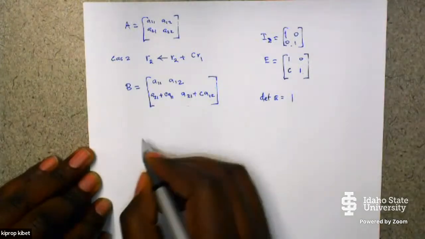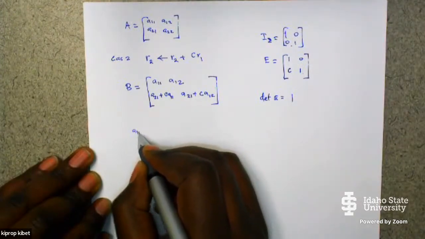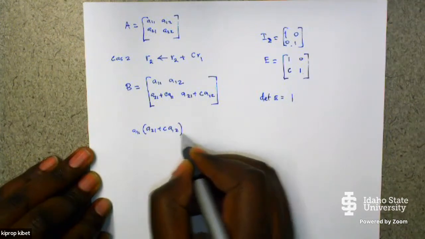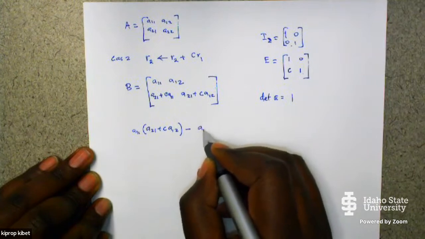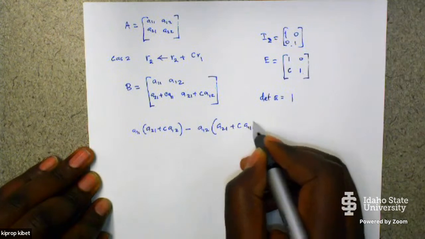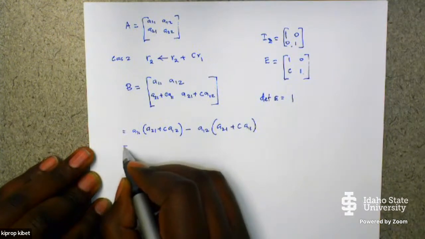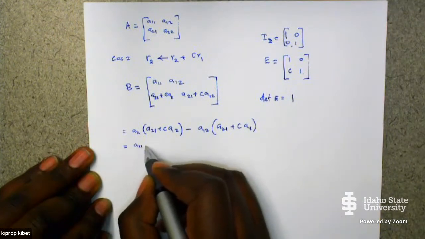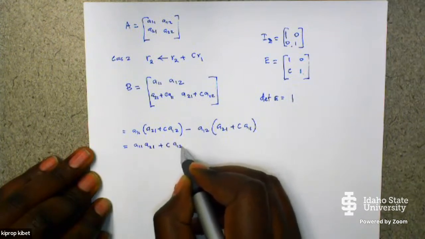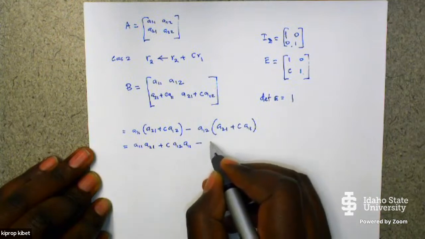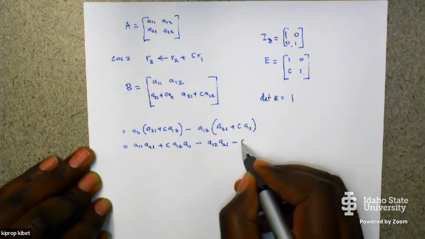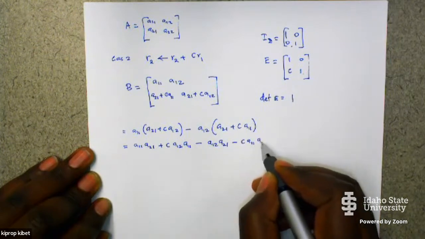Now, what is the determinant of B here? Our determinant of B is A11 multiplied by A22 plus CA12 minus A12 multiplied by A21 plus CA11. So what do you get? You get A11, A22 plus CA12, A11 minus A12, A21 minus CA11, A12.